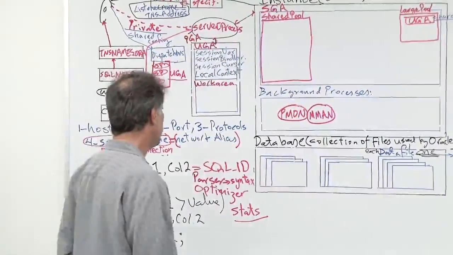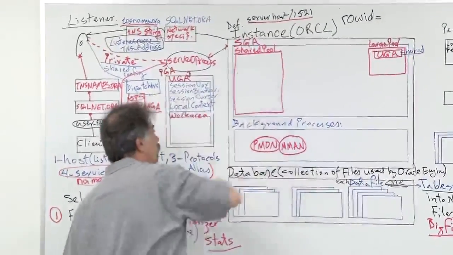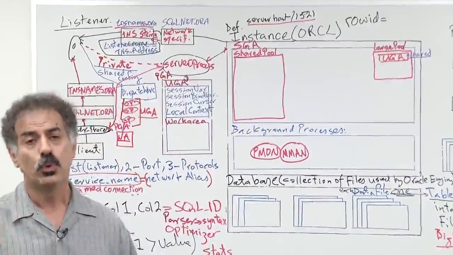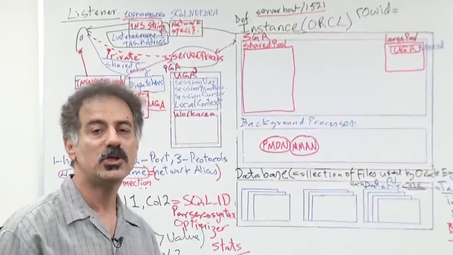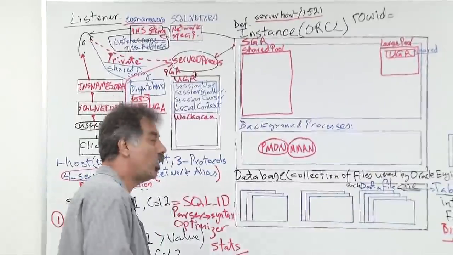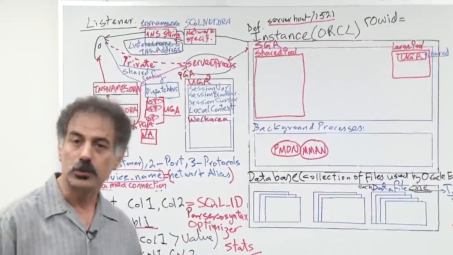So here in the SGA, in our shared area, we have a component called the shared pool. Shared pool, we said this is the pool of SQL statements that the users can share. Therefore, we put in the shared pool all of the specific information we want to use to manage SQLs.